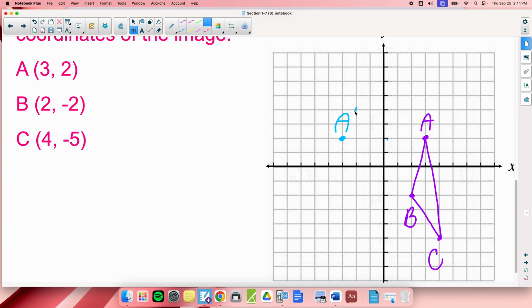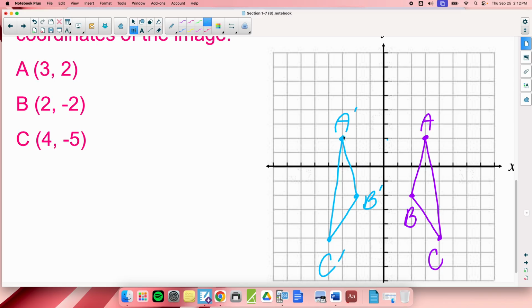For B, I'm 2 away, so I'd go 2 in the opposite direction, and that is my B prime. And then for C, I would count, and it's 1, 2, 3, 4 over, so I'd go 1, 2, 3, 4, and that is my C prime. So that is the way to do it if you're counting on the graph.